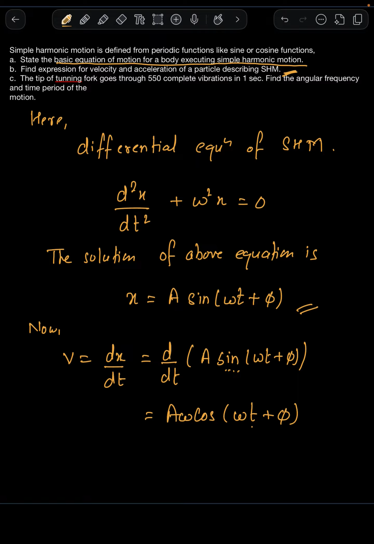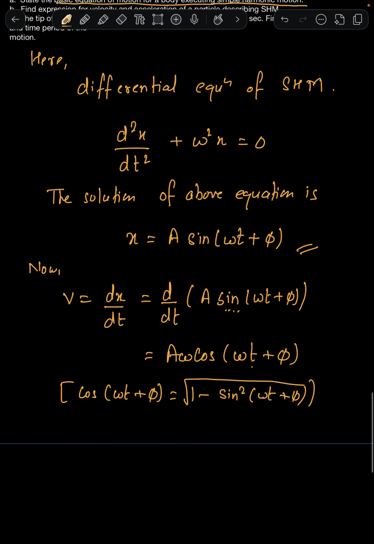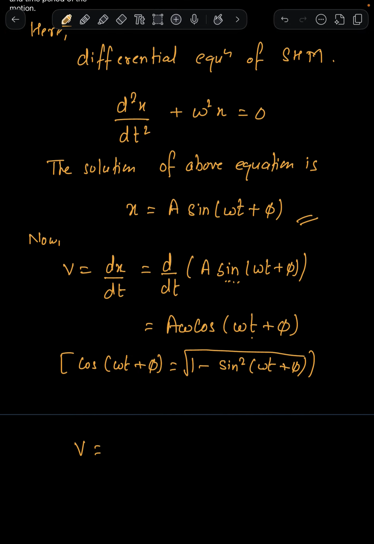Finally, this is the expression for velocity. And now we know that cos omega t plus phi can be written as under root 1 minus sine square omega t plus phi. In such case, v is equal to a omega root under 1 minus sine square omega t plus phi.